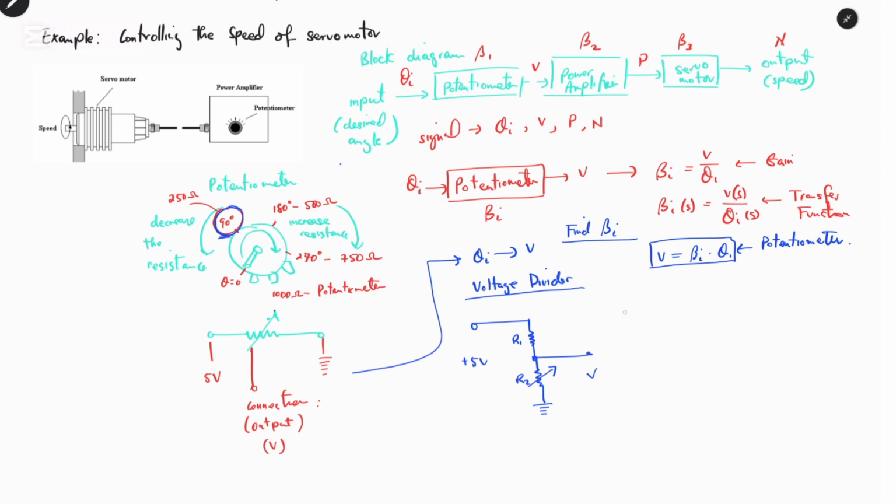So the equation for the voltage output of the voltage divider, let's say V out, will be equal to R2 over R1 plus R2 multiplied by the voltage input.